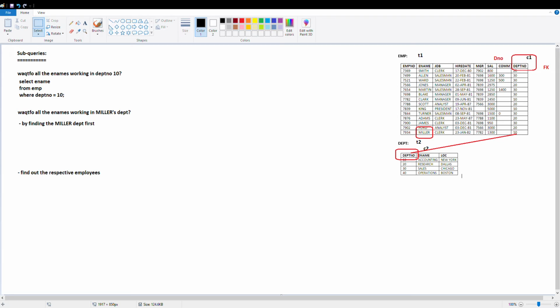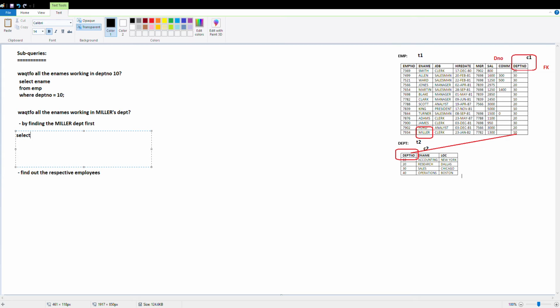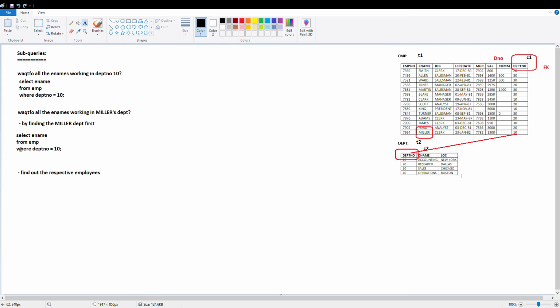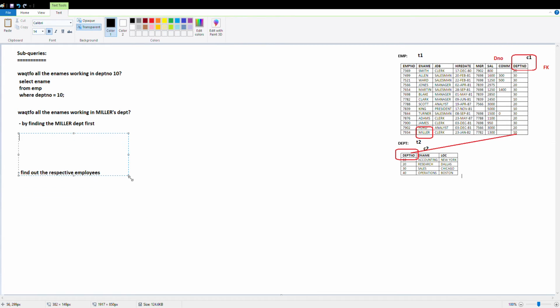How are you going to solve this question? You are going to solve it like this. First, select department number from EMP where ename is equal to Miller.